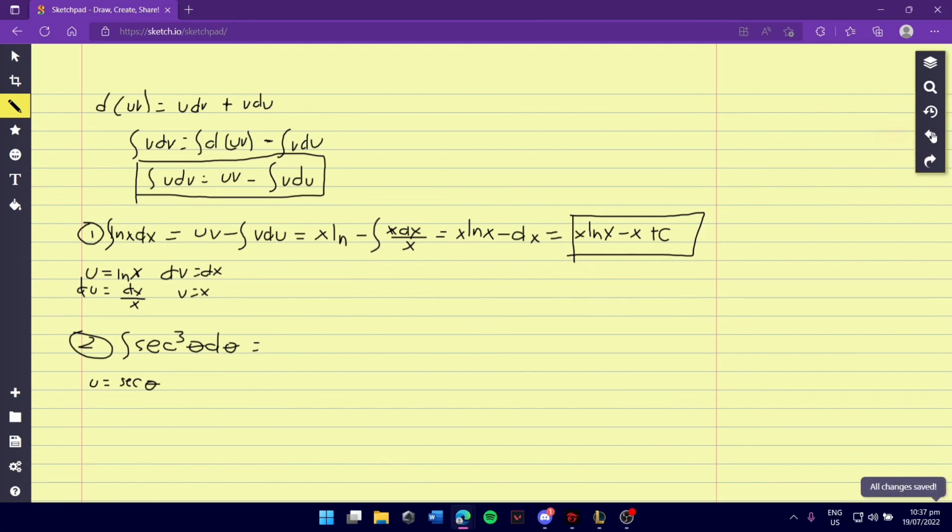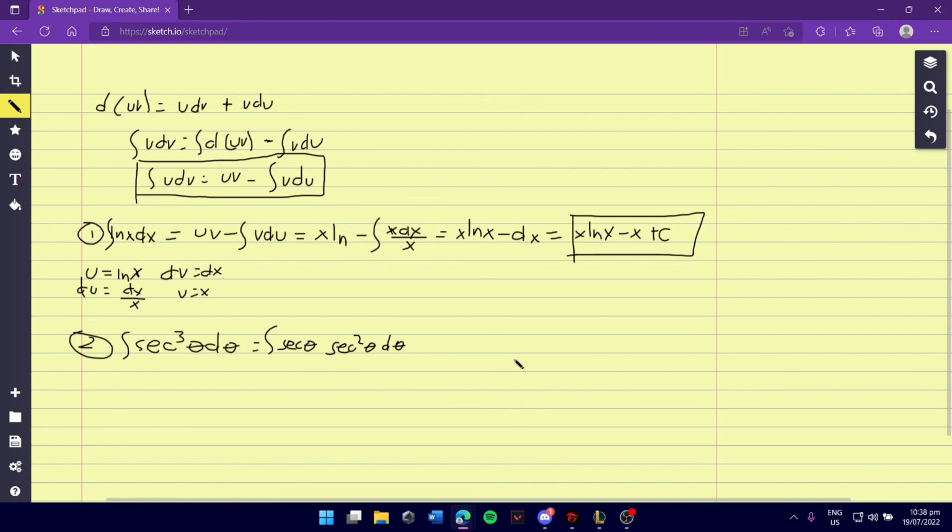First we will factor out secant in order to use trigonometric identities. So by factoring out, this will become secant theta times secant squared theta d theta.